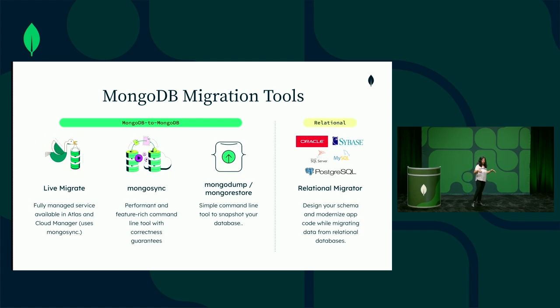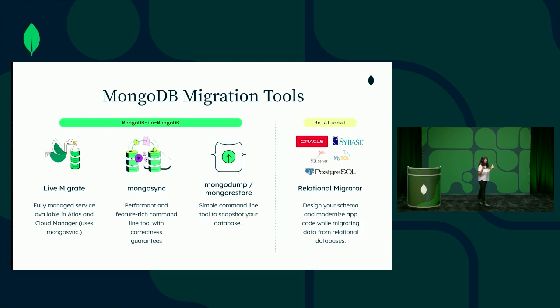Today though, right now, I'm going to talk to you about the left-hand side, about how to deploy and how to migrate MongoDB deployments and how to migrate from one MongoDB cluster to another. There are 3 tools that I'll talk about today. As they're listed in here, the easiest point-and-click tool, Live Migrate, number 1.